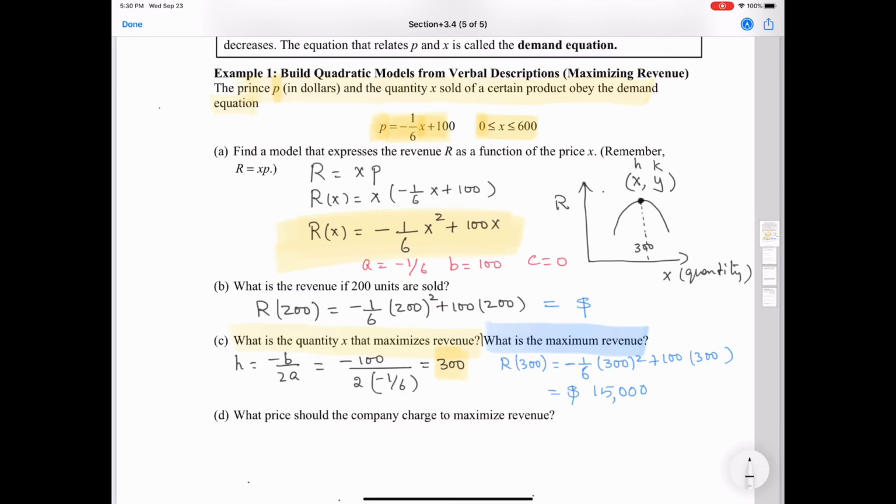So in order for you to find the price, take the value for x, which is 300, and plug it back into this function, negative 1 over 6 times 300 plus 100. Whatever price you get is the price they have to charge in order to get the maximum revenue, and that is $50. I hope you all understood. If you have questions, please ask.